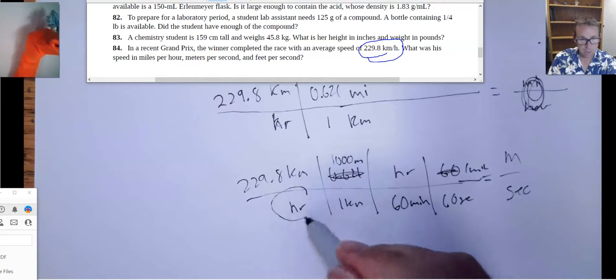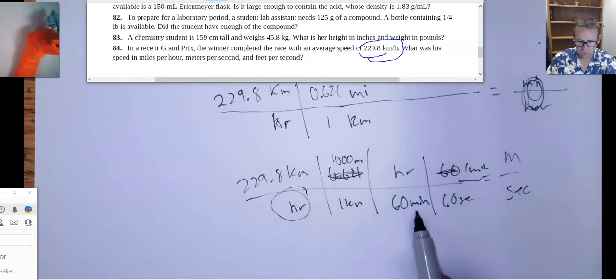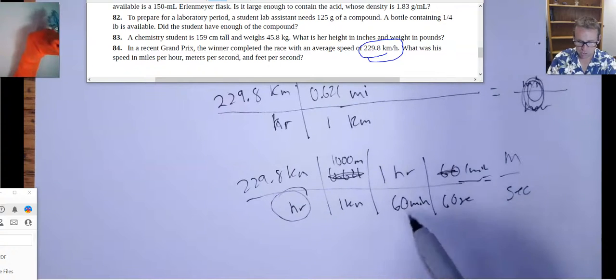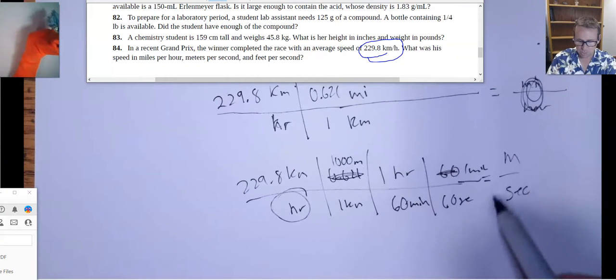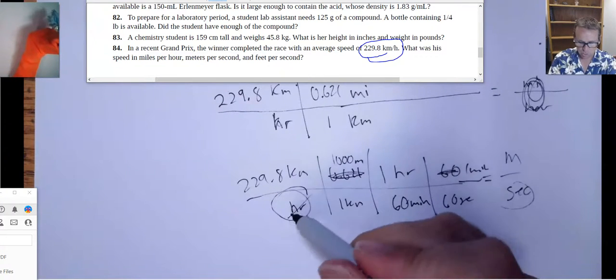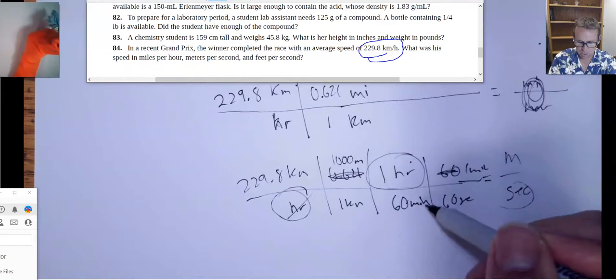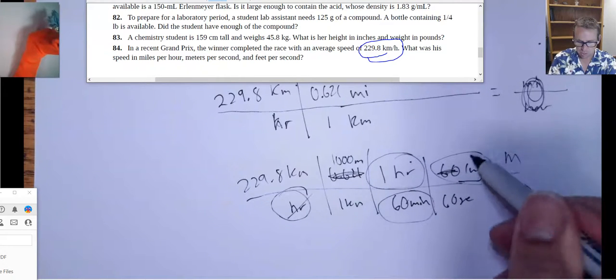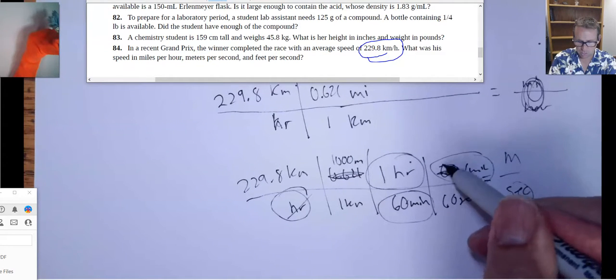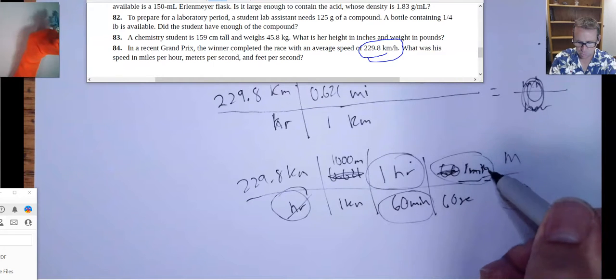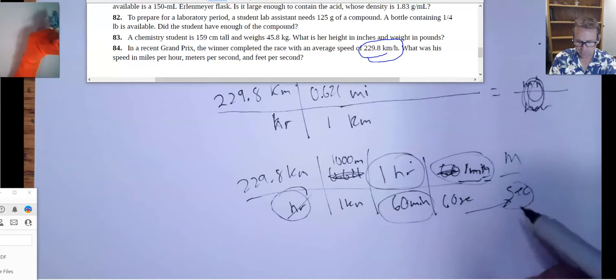So see how I had hours down here. I need to get hours into minutes. 1 hour is 60 minutes. And then I need to get these minutes into seconds so I can have seconds in the bottom. So if hours is on the bottom, I multiply by hours on top, get minutes on the bottom. Get rid of the minutes, 1 minute. This says 1 minute here, divided by 60 seconds.